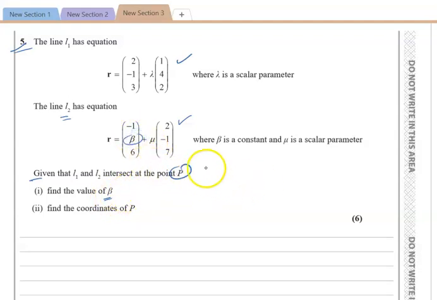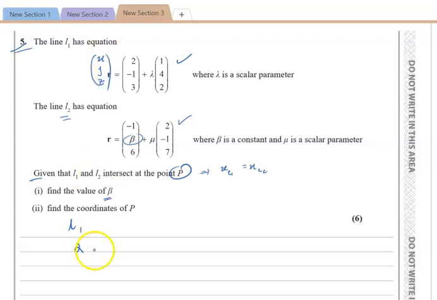Now, the condition here is that if these two lines intersect at one point, the x in line L1 is the same as the x in line L2. The y in L1 is the same. That means they intersect at some point. That means the x over here in line L1, which is 2, remember, this R stands for xyz.